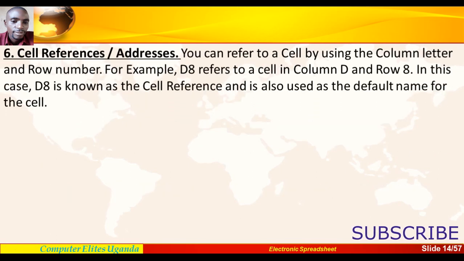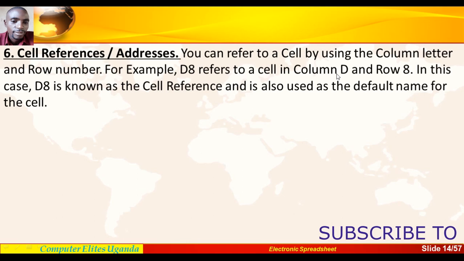Another one, we also have the cell references, or what we call cell addresses. You can refer to a cell by using a column letter and the row number. For example, if you have a number, you can define it by the cell address or the cell reference, that is D8, which refers to the cell in column D and row 8.